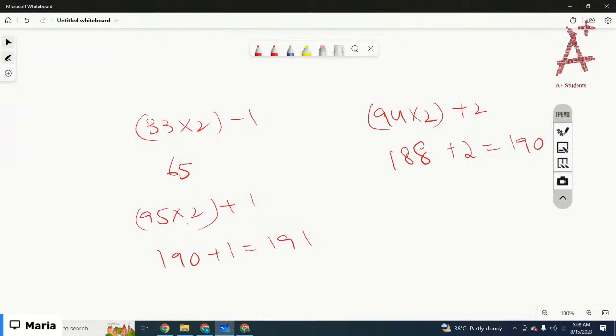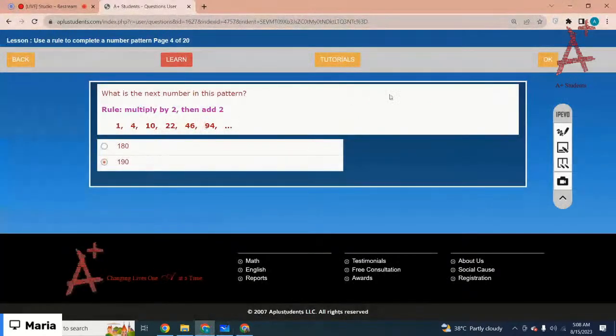That means the next number in the pattern is 190, right?